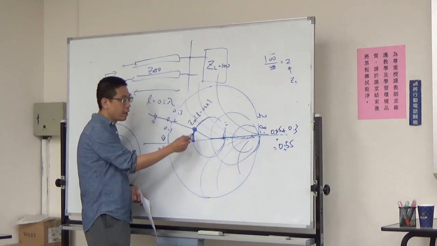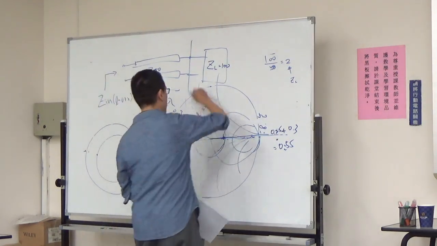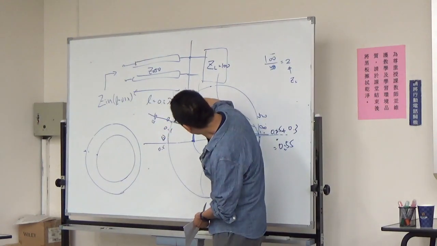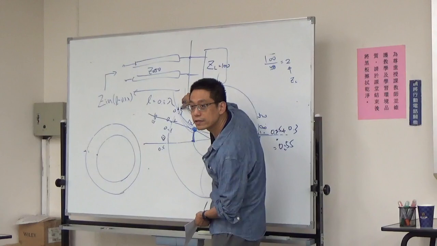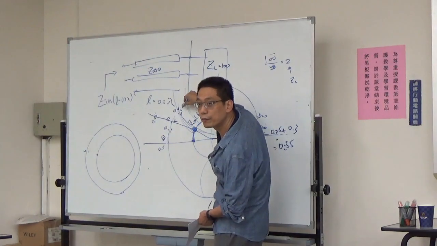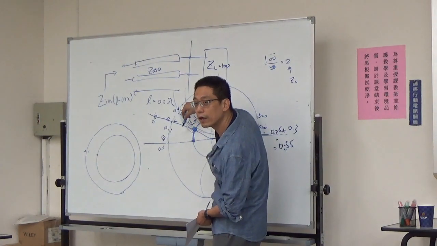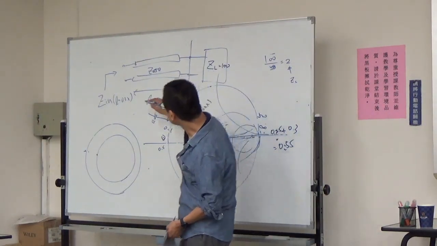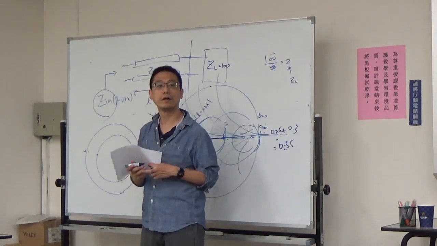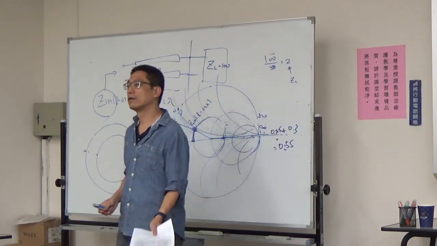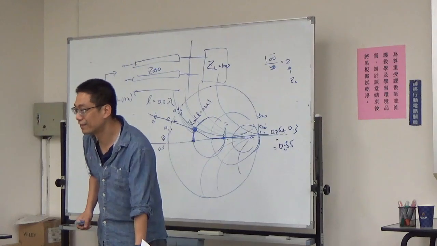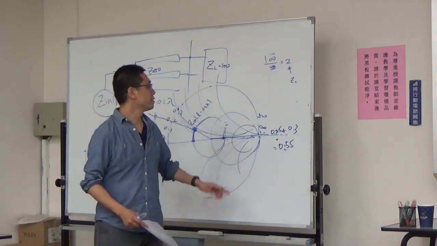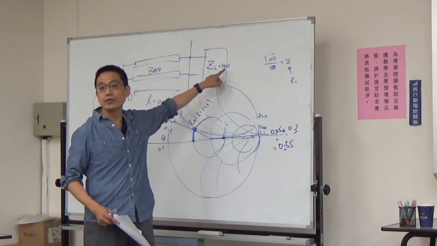And also there are some that tell you the normalized imaginary part, okay? Then you multiply by 50 to get it back, you will get this one. Okay. This is an easy case, 100.